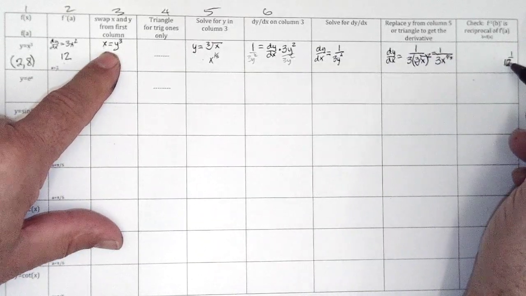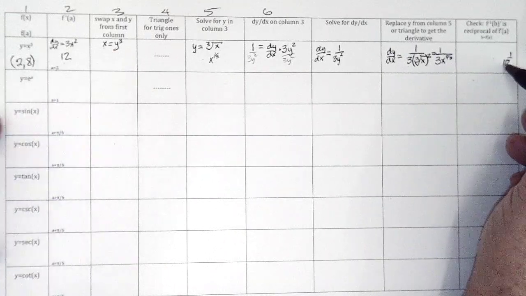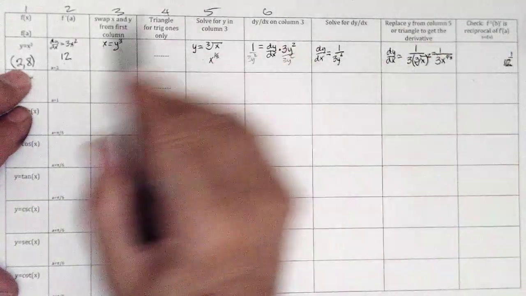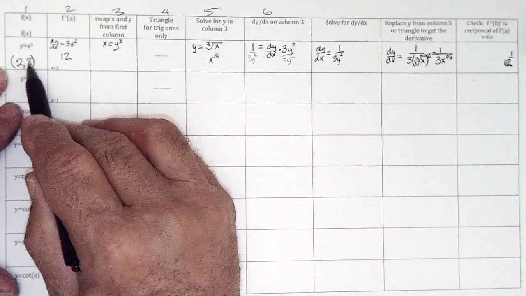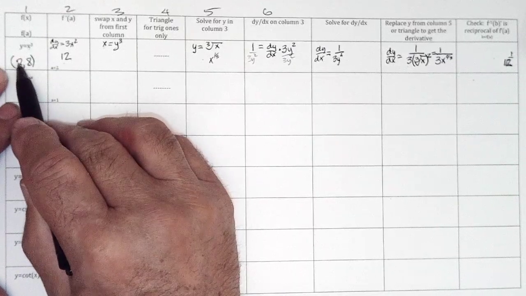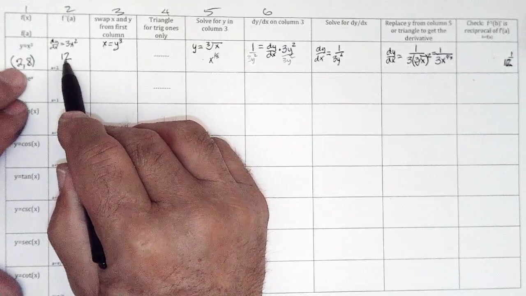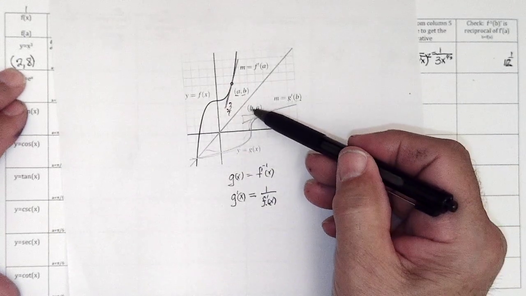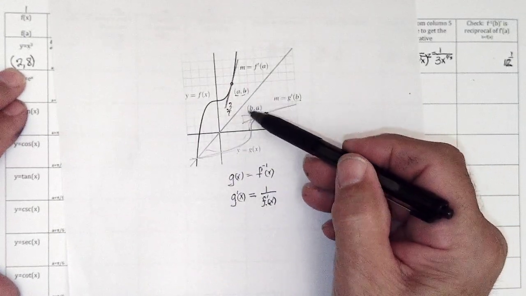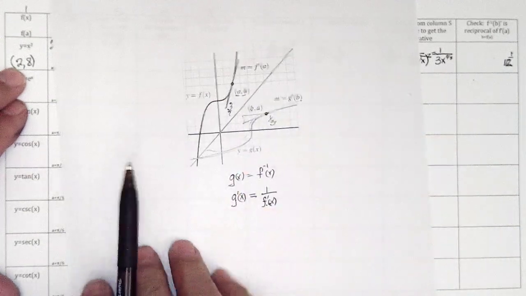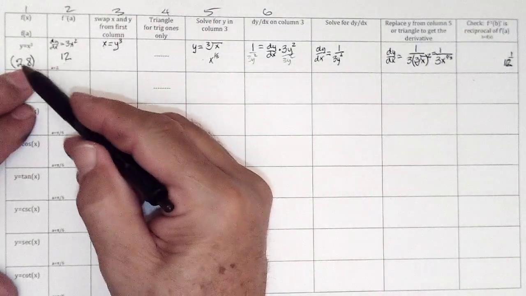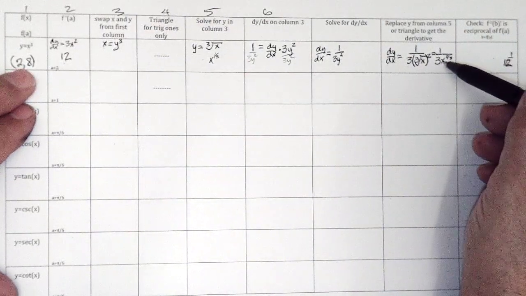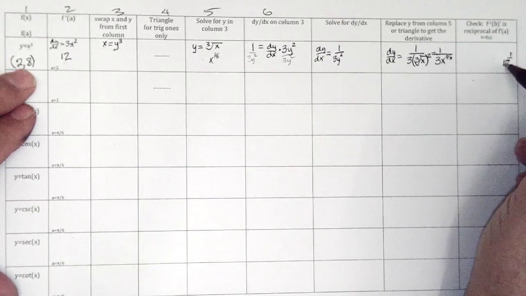And this should come out to be 1/12. Now remember, we were doing this at the point 2, 8. The slope at 2 was 12. When we look at the inverse, we want to do the slope at the opposite. Not the A, but at the B. And the B is 8, so I got to put 8 in here for the x to get the 1/12.